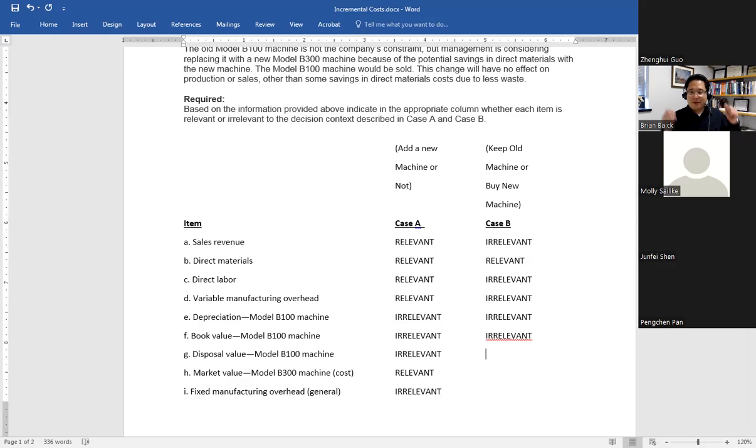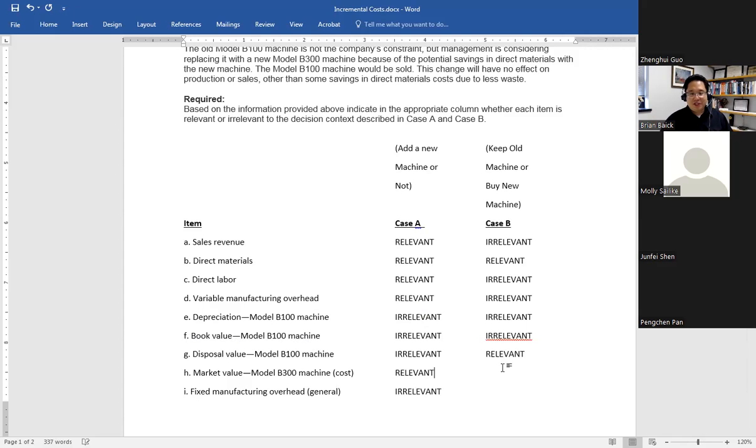That means whether I do X or Y, same thing. I'm not going to be able to change it. On my books, the machine is worth so much, and it's not going to change if I buy a new machine or keep the old machine, right? Now, that's kind of confusing because the disposal value is going to be relevant.